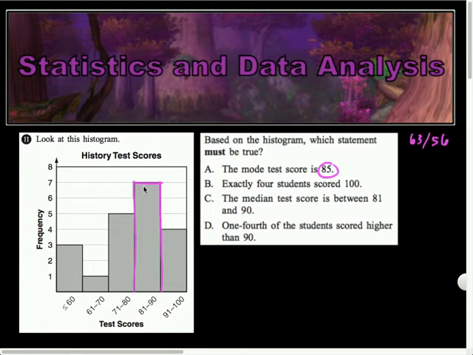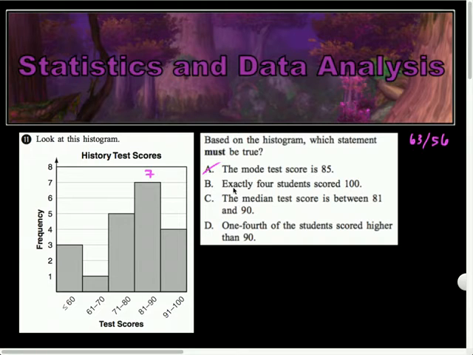I just know they were between 81 and 90. Maybe none of them had a test score of 85. So this one could be true, but is not guaranteed to be true.